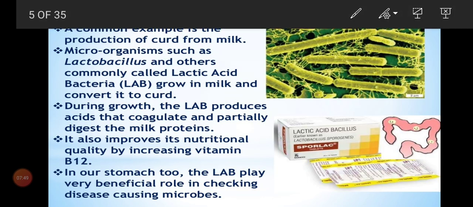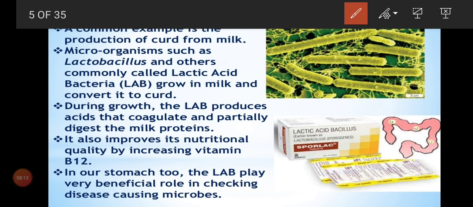Here we want to see microbes as a friend. We are not going to learn the foe part, we are going to learn the friend part. Under the friend part, in your NCERT syllabus, six headings are given. First, microbes in household products. Second, microbes in industrial products.